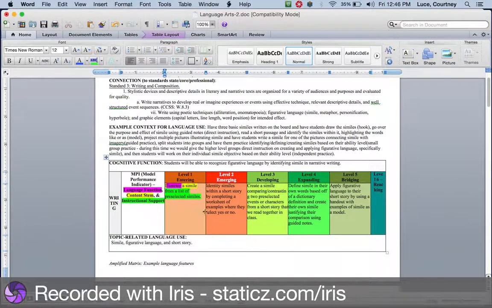What I ask of you is that at least 4 of them have instructional supports. So a list of pre-selected similes, a worksheet of examples where they select yes or no, from a short story that we read together in class, and this one is using their guided notes, and this one is using examples of simile as a model.